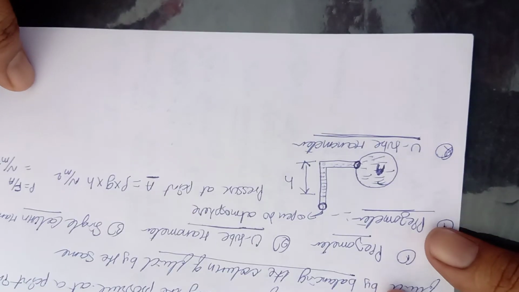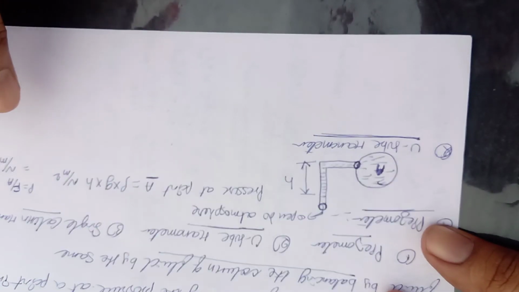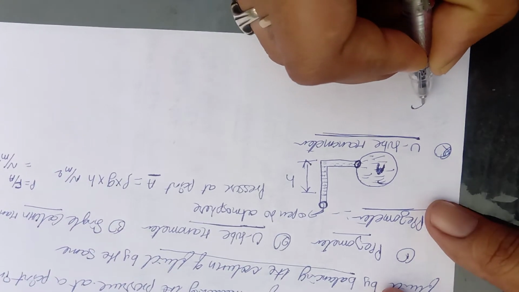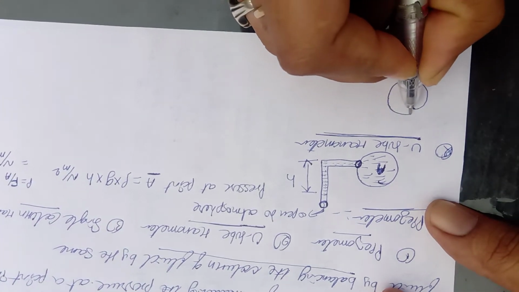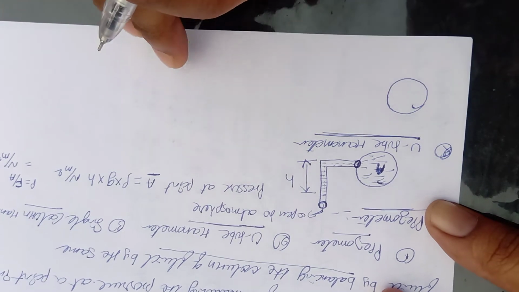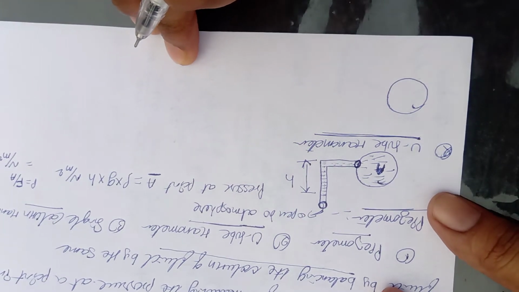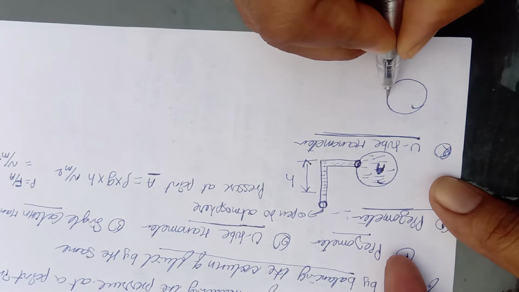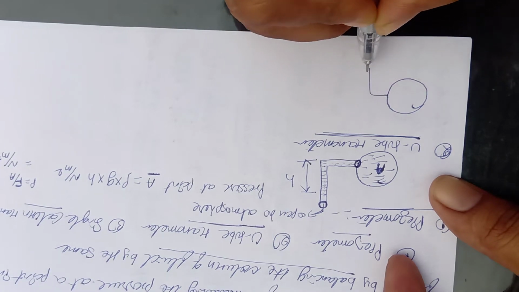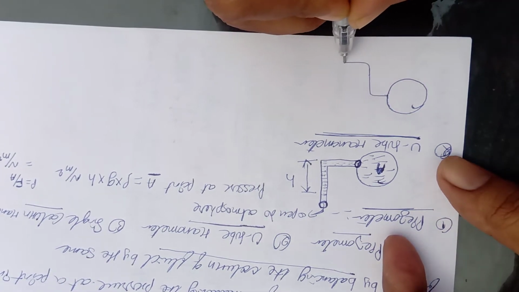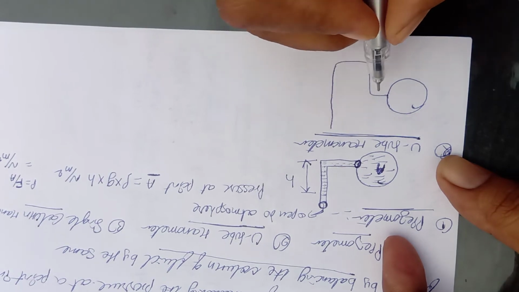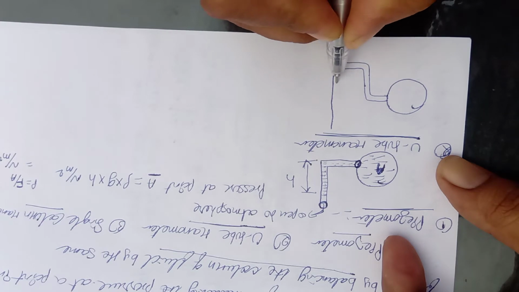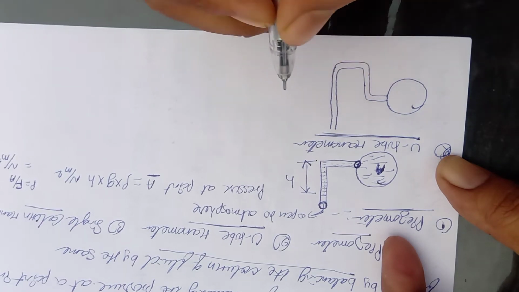As the name indicates, this is in the form of a U-tube. For example, if this is the container in which my pressure is to be found, then this is, as the term indicates, a U-tube manometer which is connected to the device.